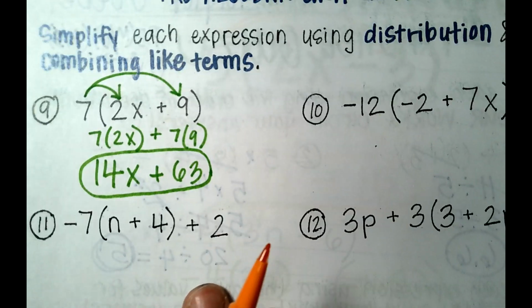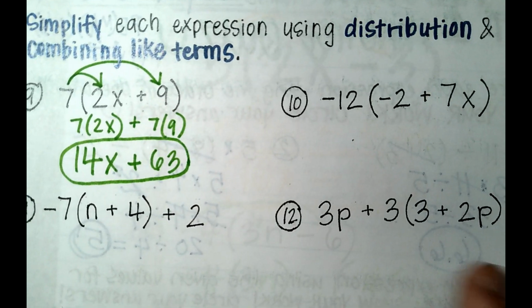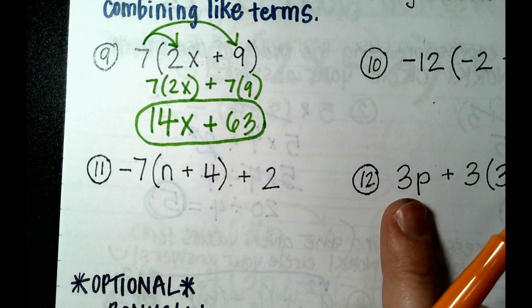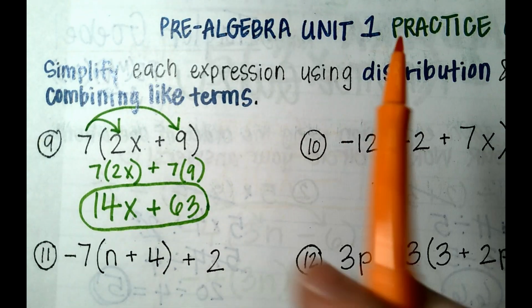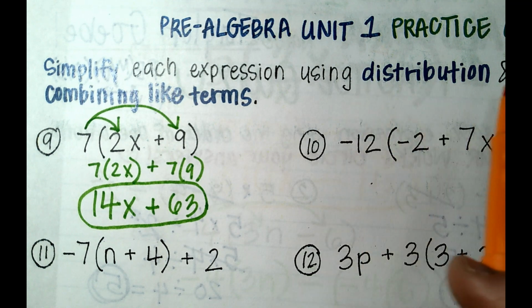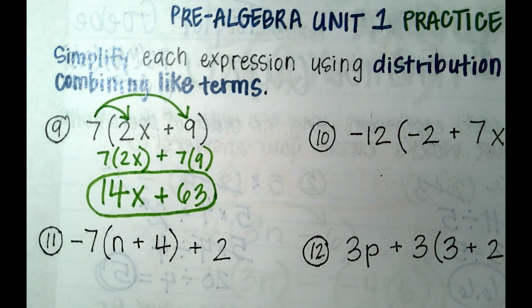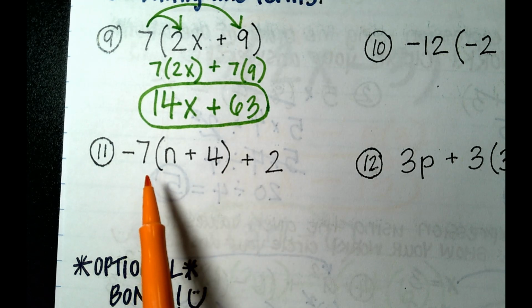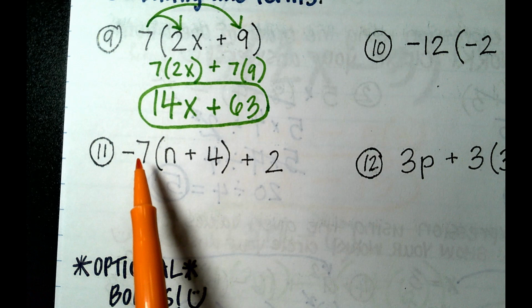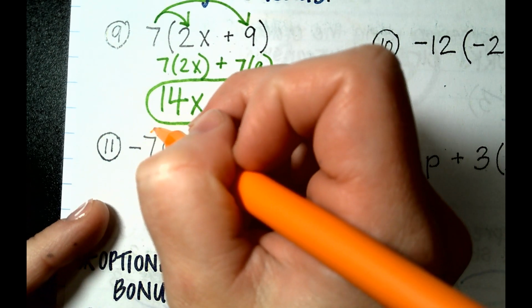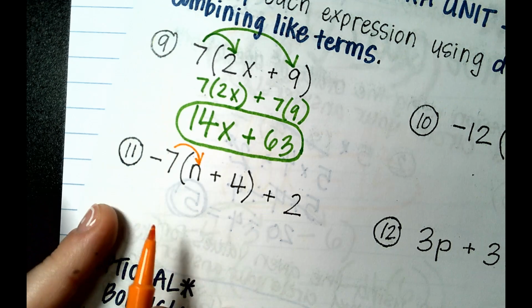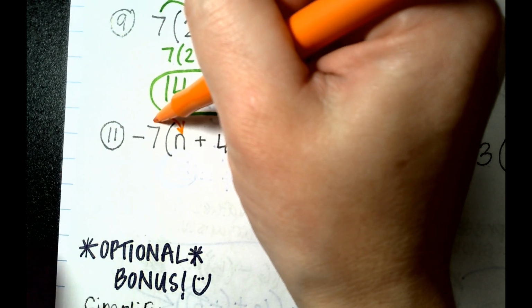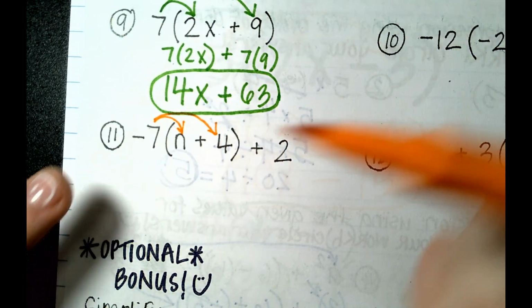Anytime that you have extra things added on the outside of your problem, step 1 is going to be distribution. So what am I going to distribute here? Negative 7. We're going to multiply negative 7 times n and negative 7 times 4.